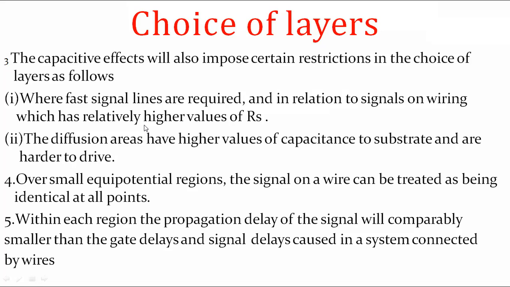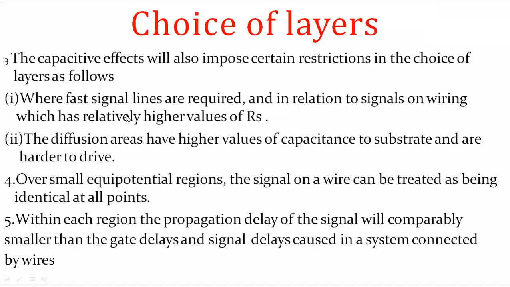Wherever fast signal lines are required, avoid realizing the signal on wiring which has a relatively high value of sheet resistance. The diffusion area has a higher value of capacitance due to the substrate and is hard to drive. These are the two things.